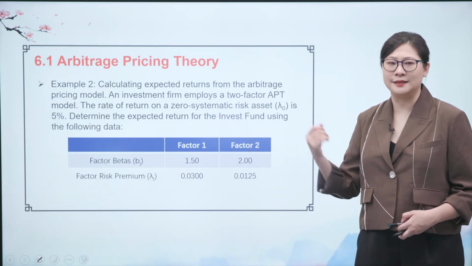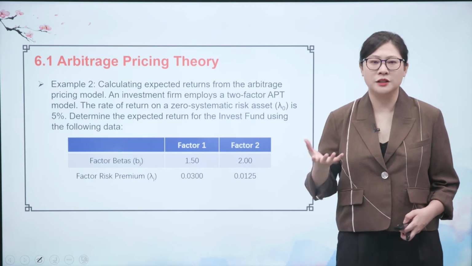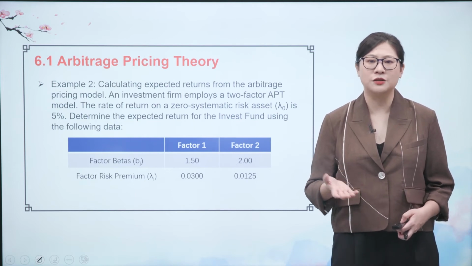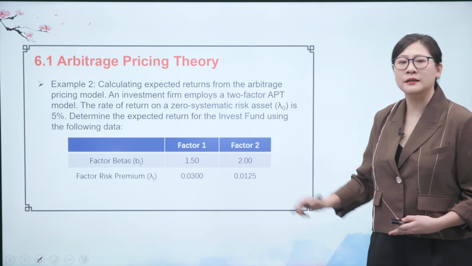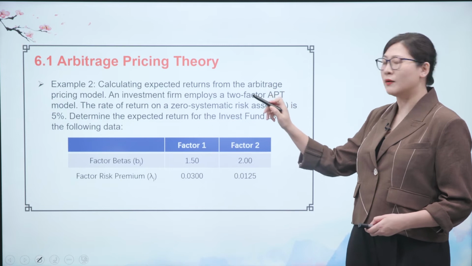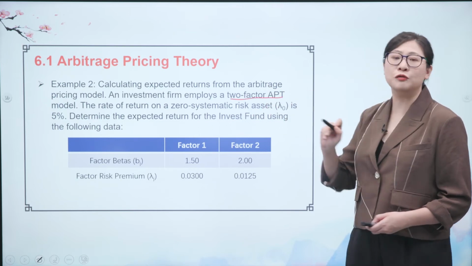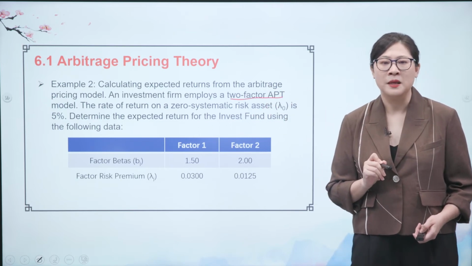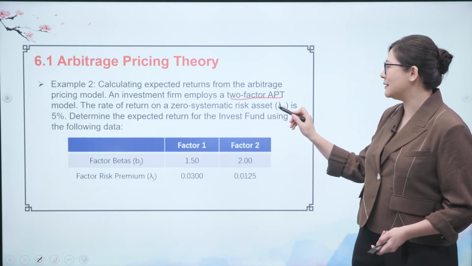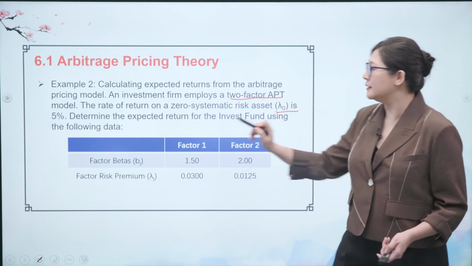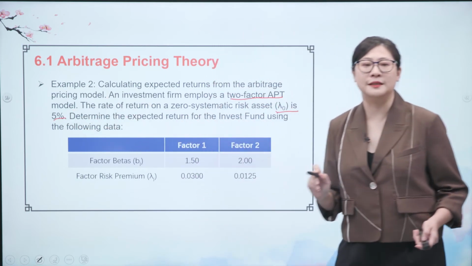Now let's have a look at the second example. It asks you to calculate expected return from the arbitrage pricing model. An investment firm, the same employee, now employs a two-factor APT model. The rate of return on a zero systematic risk asset, lambda 0, is equal to 5%.